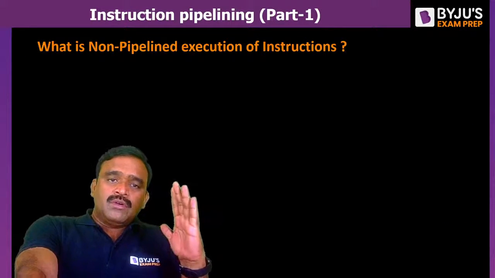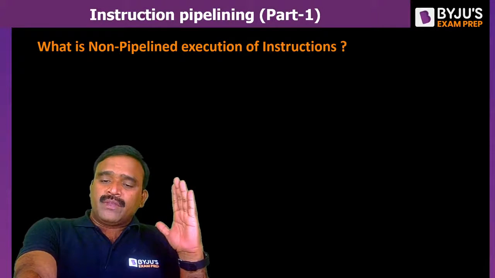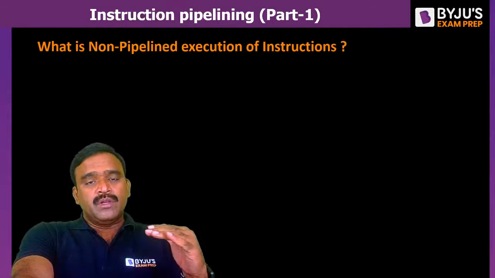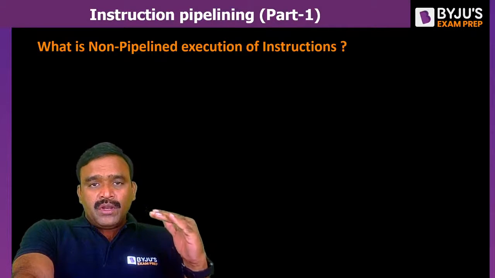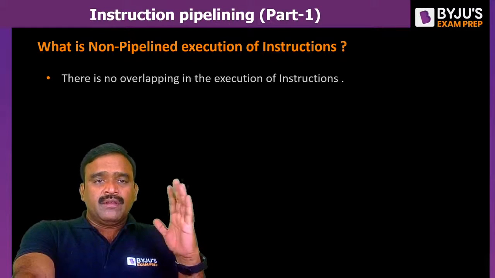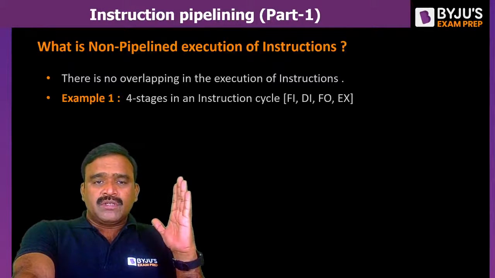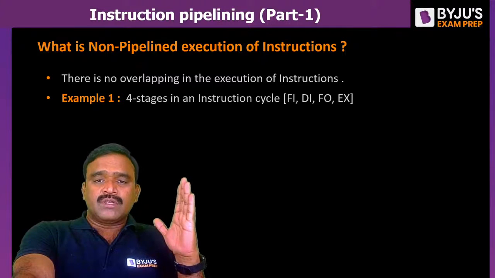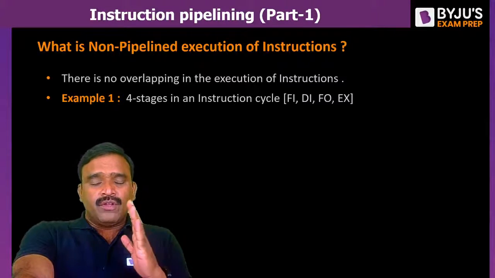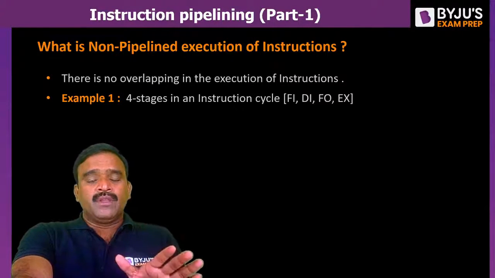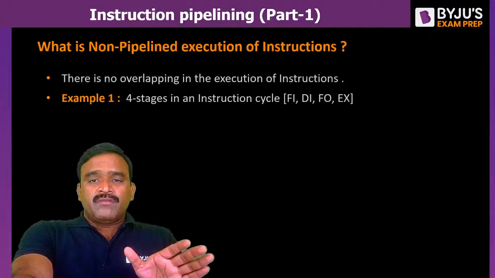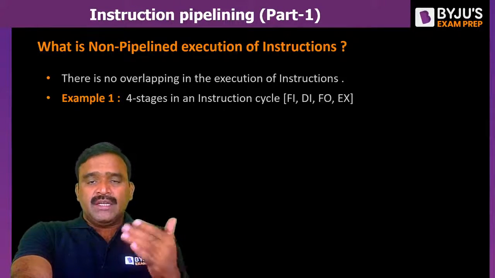Now coming to what is a non-pipelined execution. Non-pipelined execution is very simple. There is no need of overlapping in the execution of instructions. For example, if there are 4 stages, FI, DI, FO, EX, let us assume. What activity is performed in each stage, you will understand in the detailed discussion.